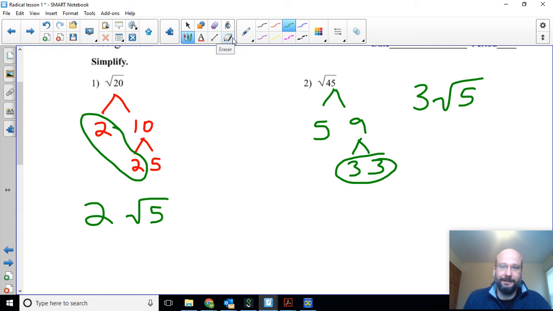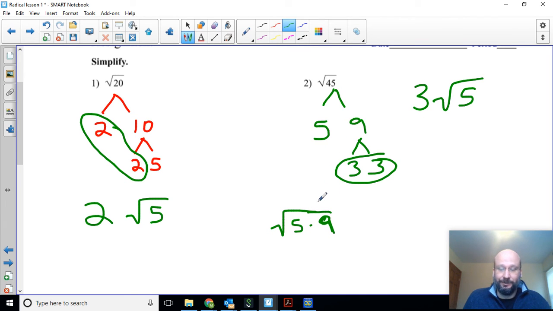Why this works is because we could say 45 is the square root of 5 times 9. And 9 is a perfect square, which is 3. So that would go on the outside. And 5 would go on the inside. Don't worry about this.